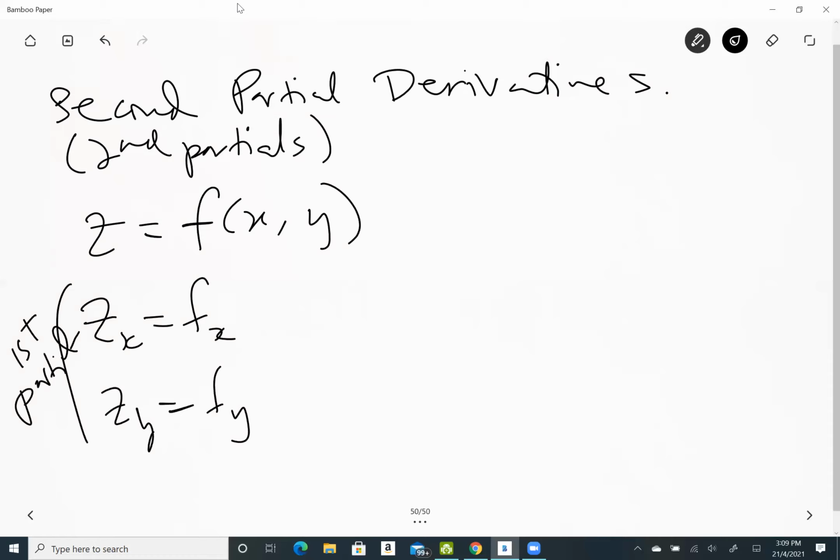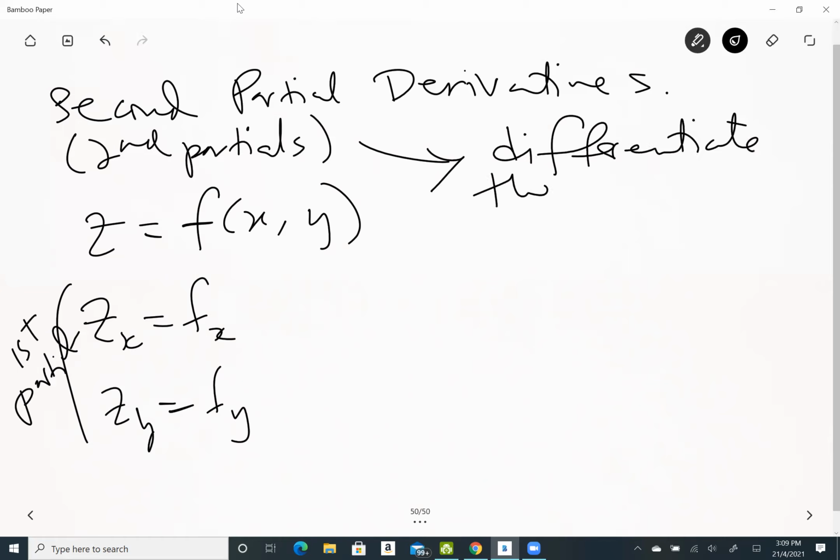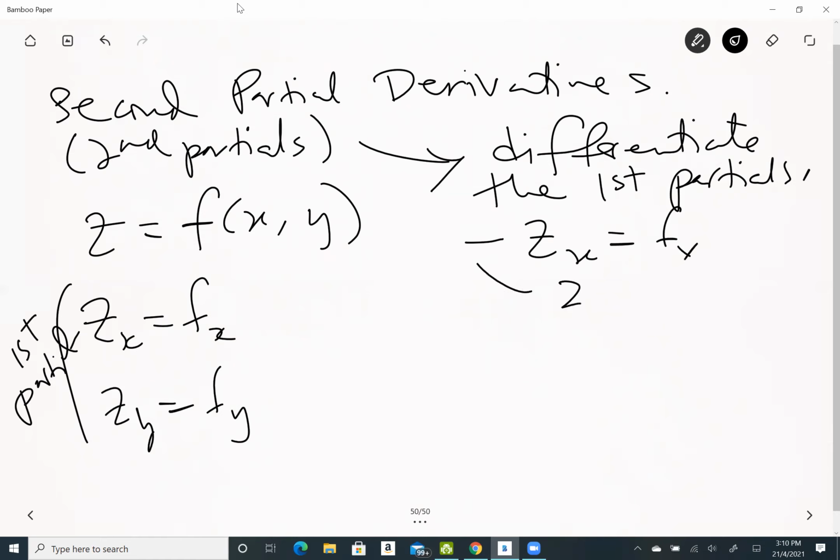The second partial is the second derivative, the derivative of the first partial. So here we differentiate the first partial. In other words, we differentiate zx, which is equal to fx, and also we differentiate zy, which is equal to fy.